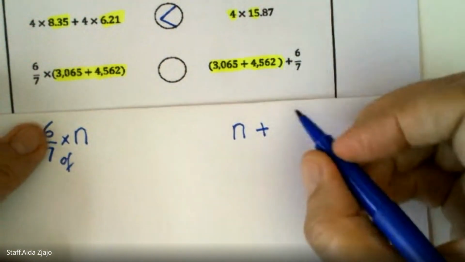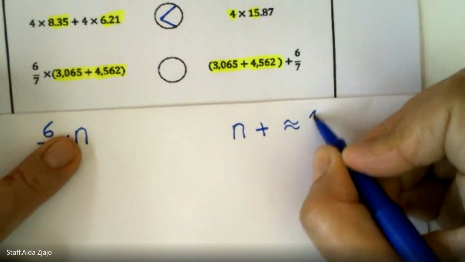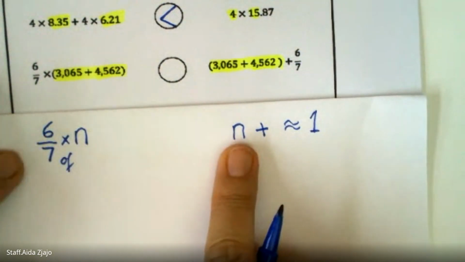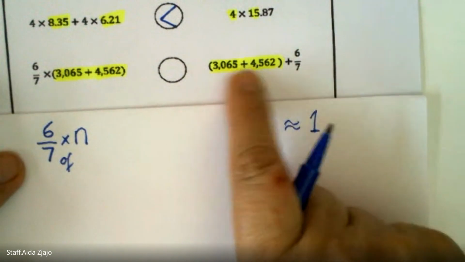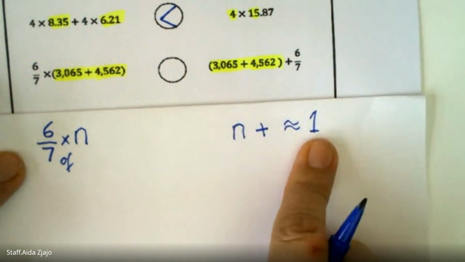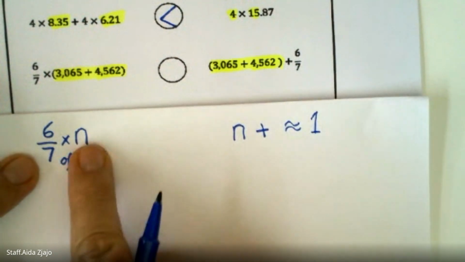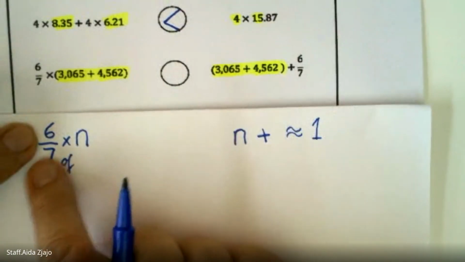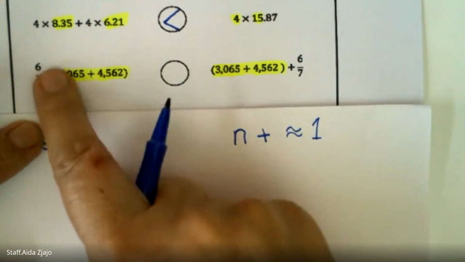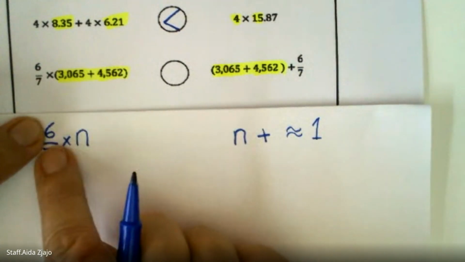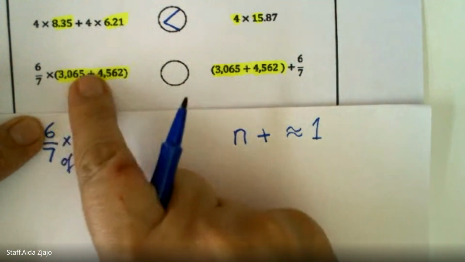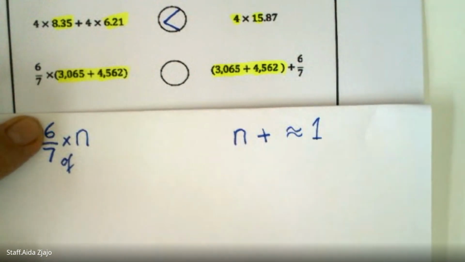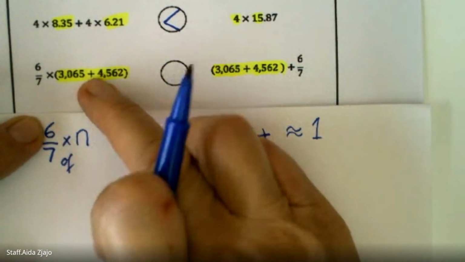So it would be this number plus about 1 more. It's like 6/7 is about 1. So this number will be the sum plus 1 more, and this one would be this number less, because you won't have the whole sum, you will have 6 pieces of that number, 6/7 of that number.